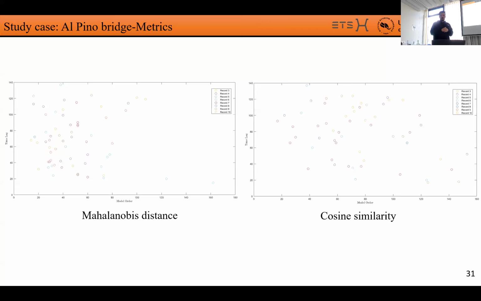Following the principle of parsimony, I tried to find some frontier, some Pareto points to fit all the acceptable values, and trying to maintain a low value of time lag and model order in order to not increase too much the computational effort of this phase.